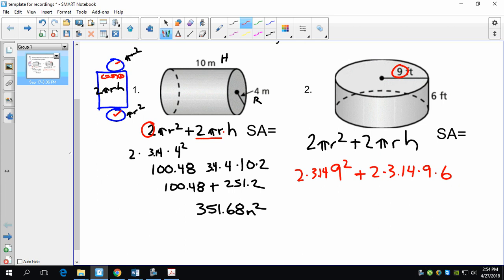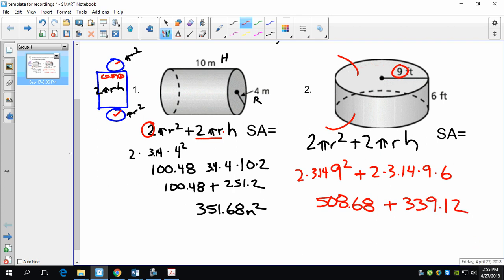The first thing I want to do is 9 times 9, which is 81. So I'm going to do 81 times 3.14 times 2. And this is 508.68. And again, that takes care of the top part and the bottom part. Now we just have the rectangle around the outside. 9 times 6 times 3.14 times 2 is 339.12.